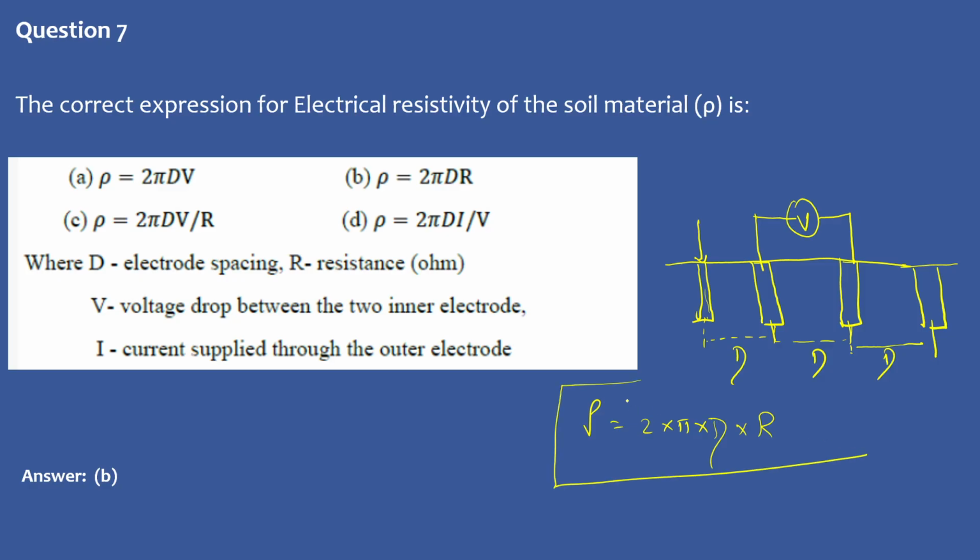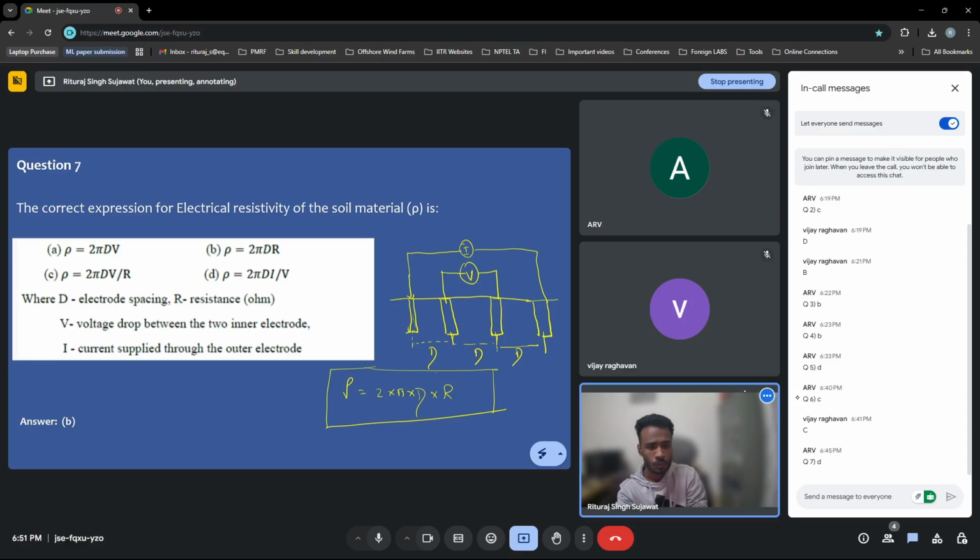That's how you calculate the electrical resistivity of the soil material. Here we are inducing the current and measuring the potential difference between the two inner electrodes, given by rho equals 2 pi dr. So the correct answer is B: rho equals 2 pi dr.